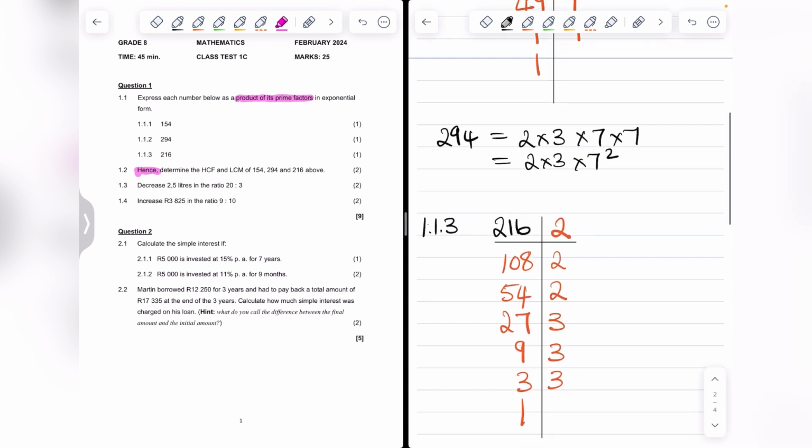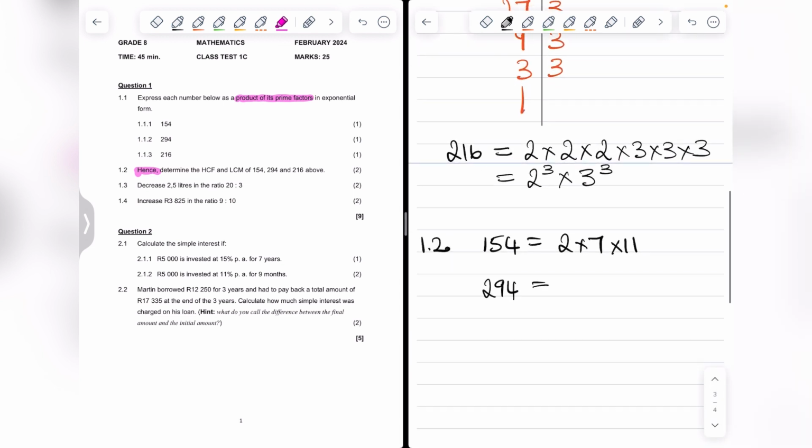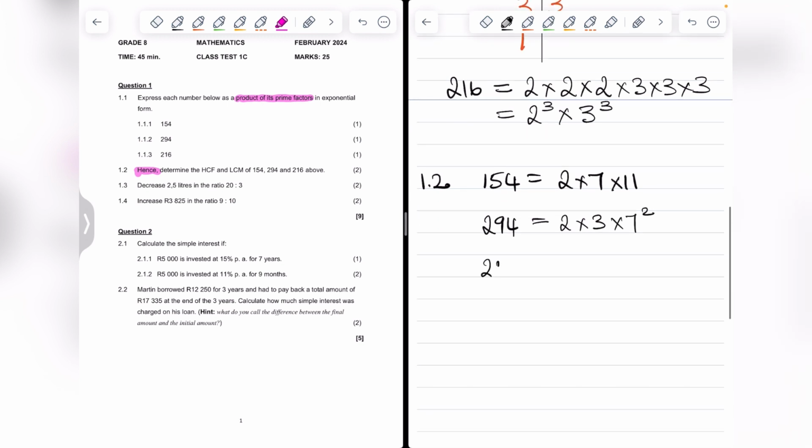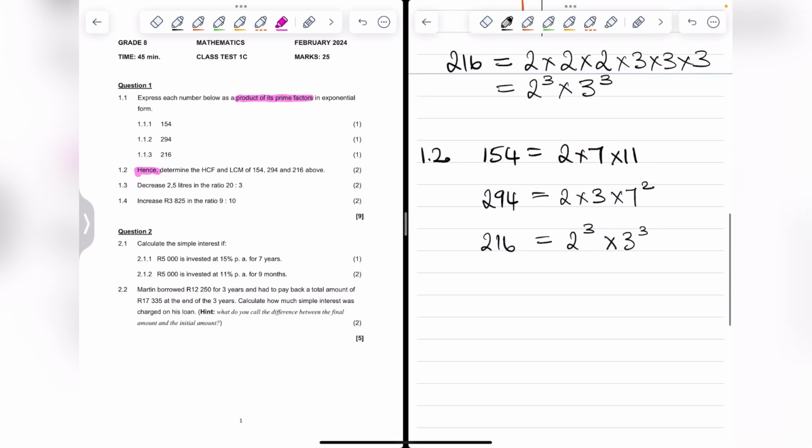That was 2 times 3 times 7 squared. And then, of course, we had 216. And that was 2 to the power 3 times 3 to the power 3. All right, so now we can see them clearly and right in front of us.